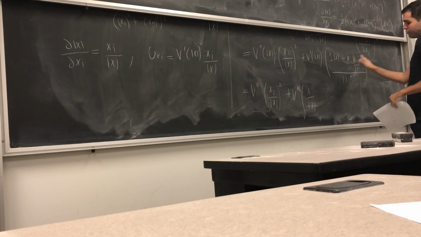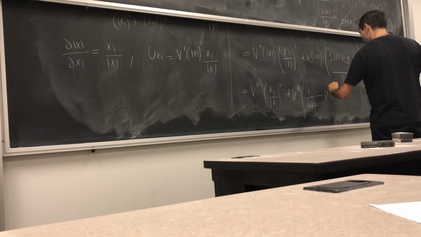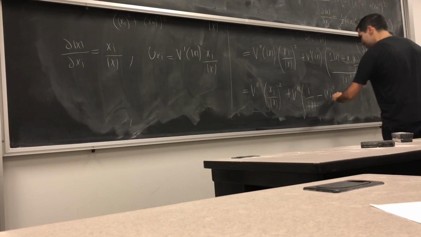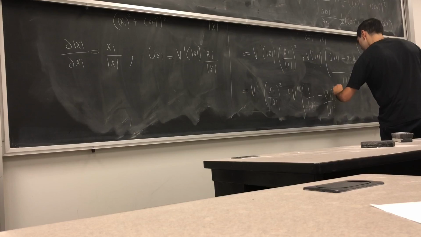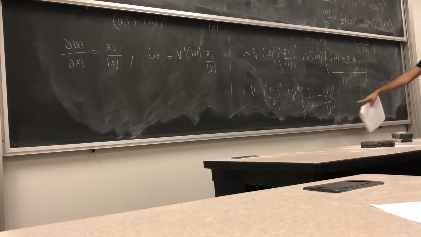And here we have something that looks very ugly, but you'll see in a second it becomes simplified. So xi times xi squared, divided by absolute value of x times absolute value of x squared, which becomes absolute value of x cubed.